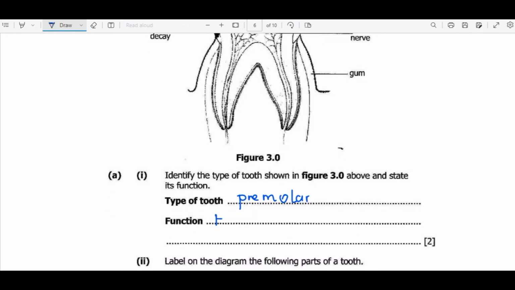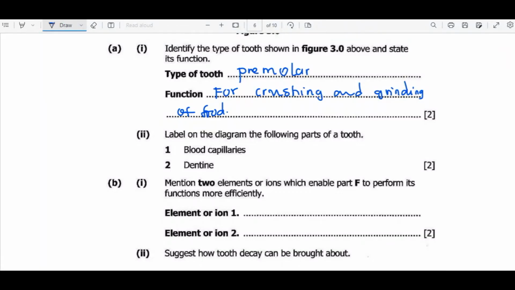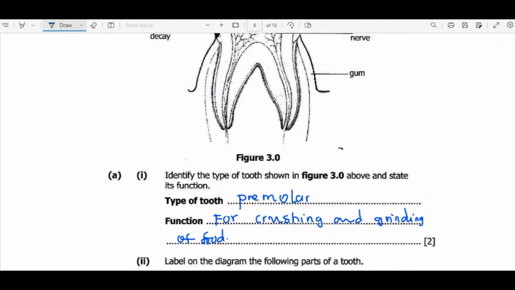So say for crushing and grinding of food. Then remember to label on the diagram the following parts of a tooth. The first one, blood capillaries. So these are found in the pulp cavity.